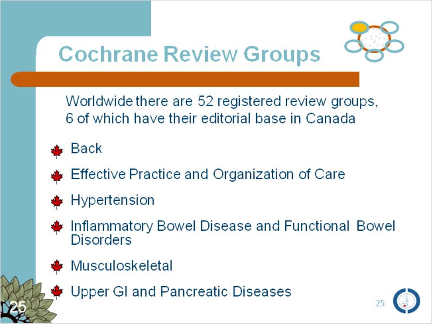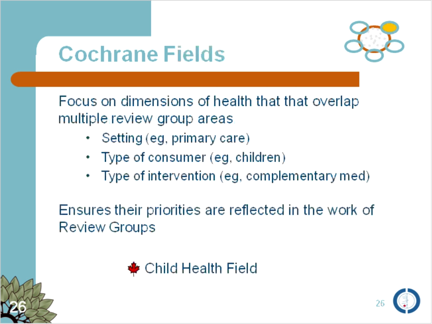I just flagged this because I'm from the Cochrane Centre in Canada, but we have 6 that reside in Canada. Fields focus on dimensions of health that overlap multiple review group areas. So think about the setting of primary care, for example. The type of consumer, so the child health field is editorially based here in Canada.